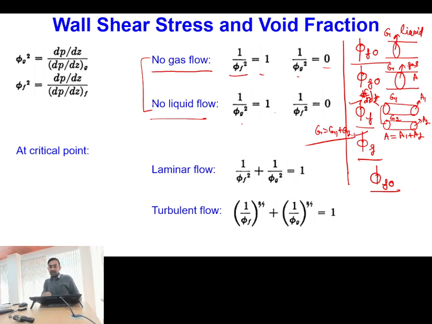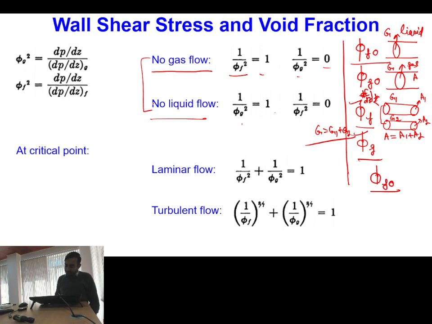That's why this multiplier gets unity value, and for the other component the multiplier value is equal to 0. Okay.